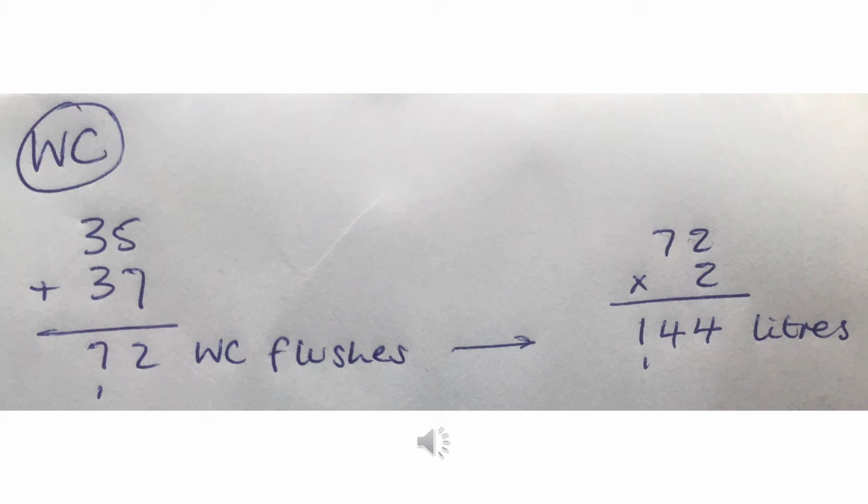I added together my 35 flushes from Wednesday to my 37 flushes from Tuesday. Column addition gave me a result of 72 flushes. And then I multiplied the 72 flushes by 2 litres each. And that gave me, with my short multiplication, 2 times 72 makes 144 litres flushed.